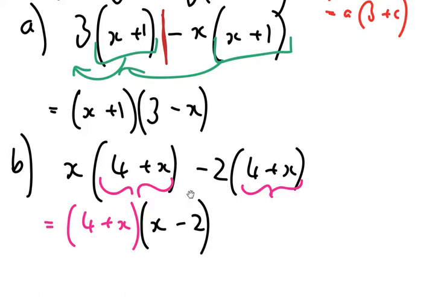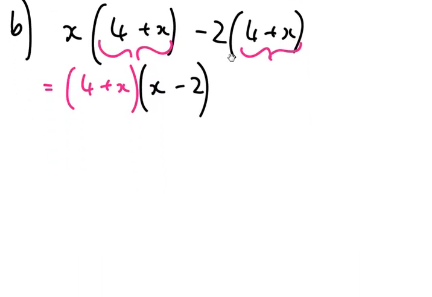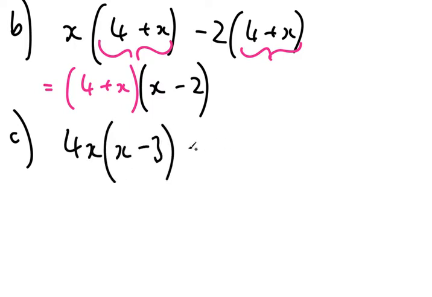Yeah, let's grab another one or two. Let's go C for Cartesian, C for continuity, and let's factorize, let's say, 4x times (x minus 3), minus 8 times (x minus 3) again.